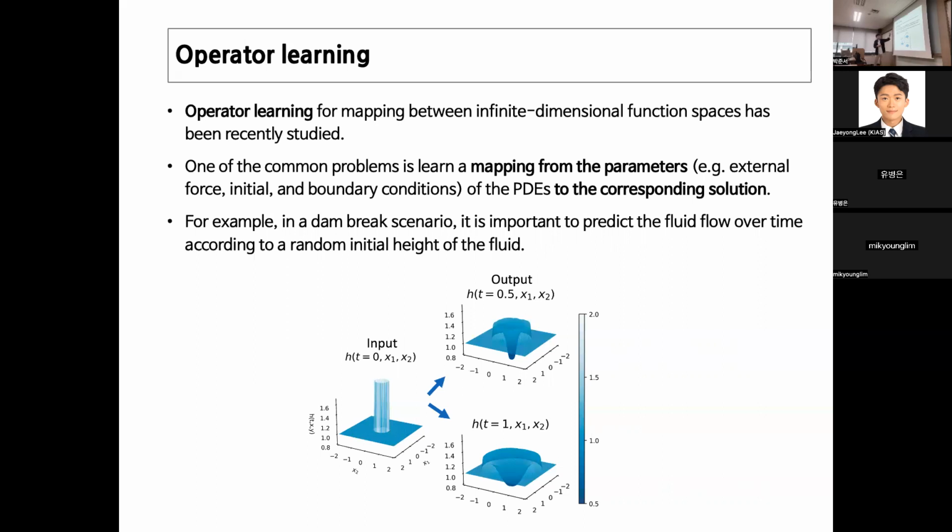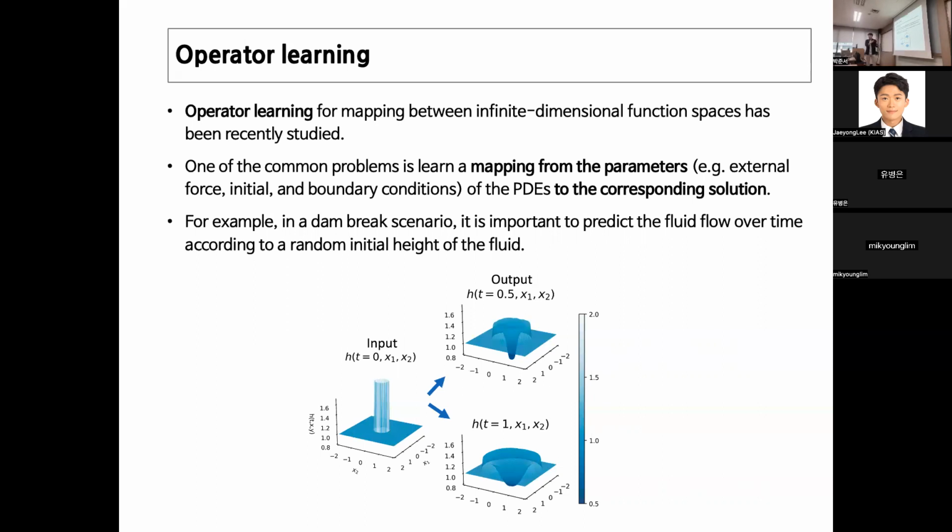For example, in the dam break scenario, we have the initial height at each position, and as time goes to 0.5 or 1, the dam break changes into different shapes.